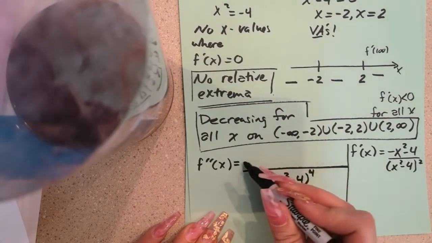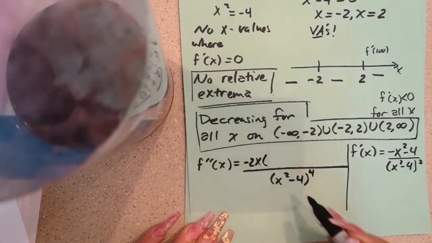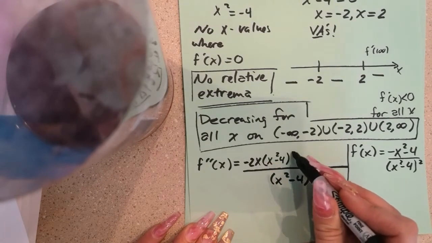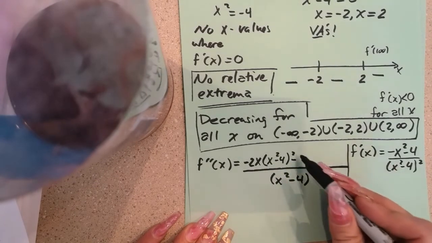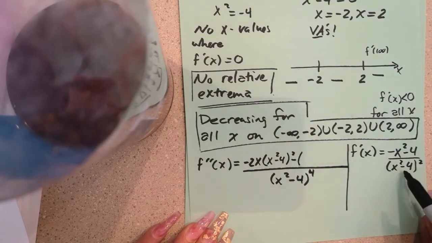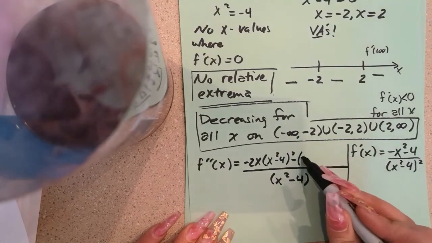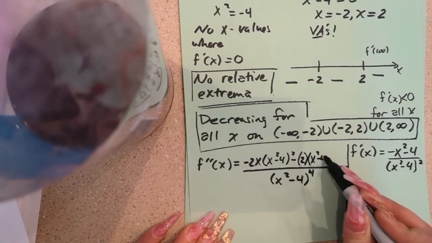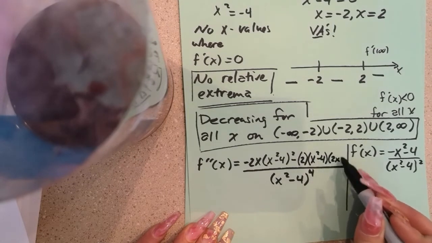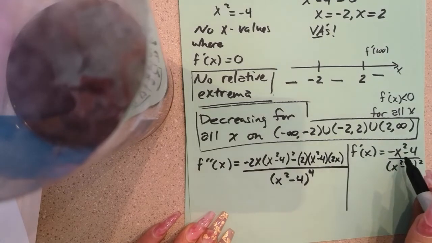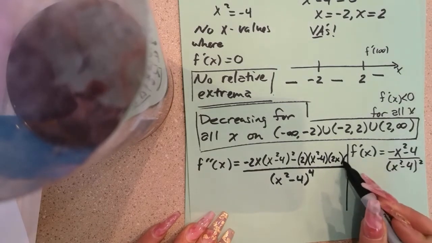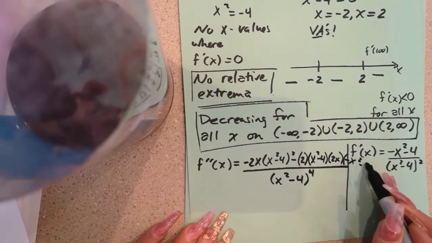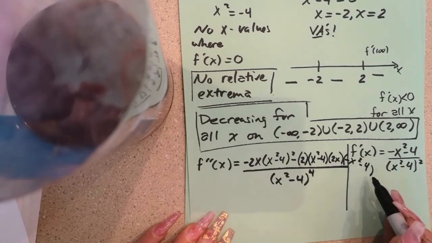Derivative of the top, negative 2x, times the bottom, minus derivative of the bottom. That's going to be 2 times x squared minus 4 times 2x, and then times the top. Should have left more room here. Negative x squared minus 4.